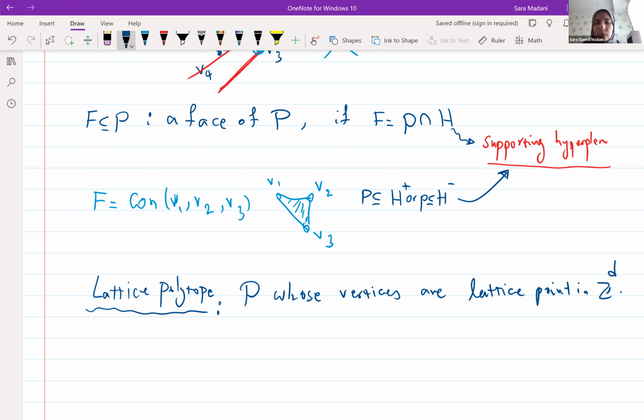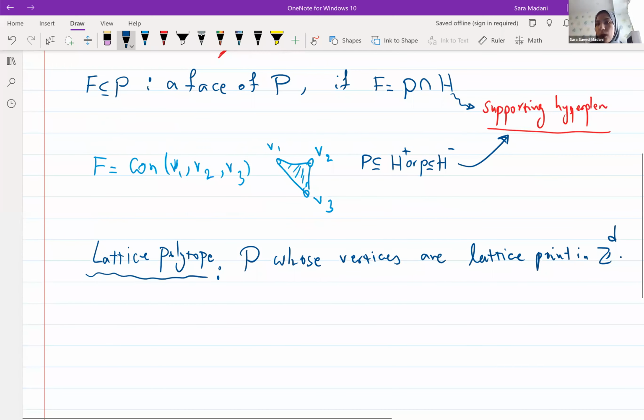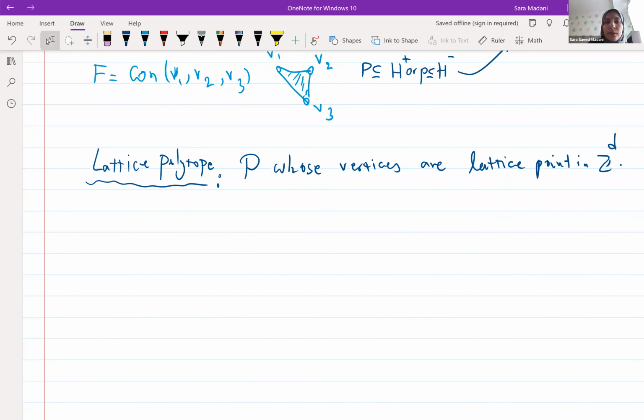So very natural definition. And now today we want to associate to our matroids that we saw yesterday some lattice polytopes. We'll see how we do this. But before that, I need another concept from matroids.